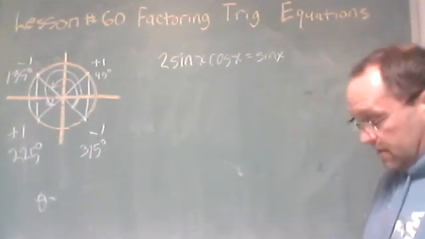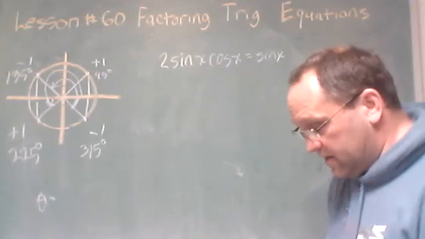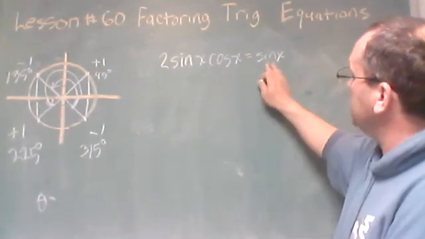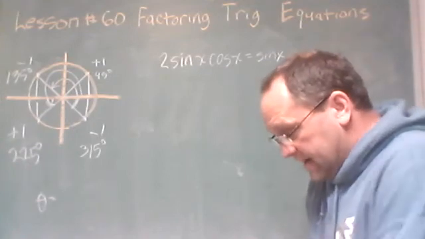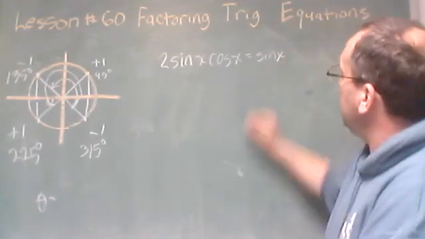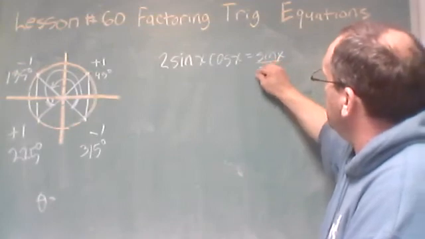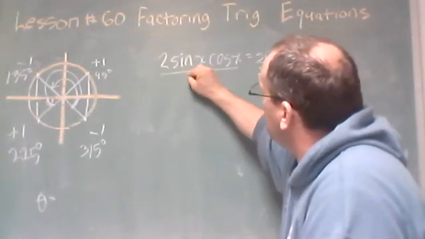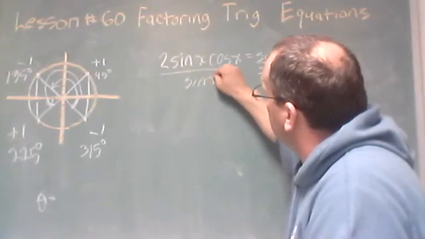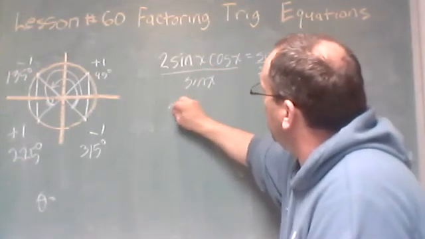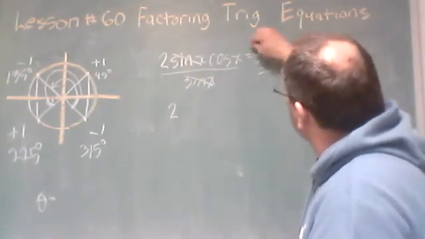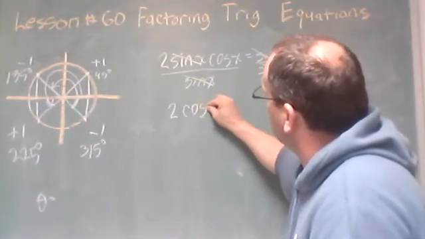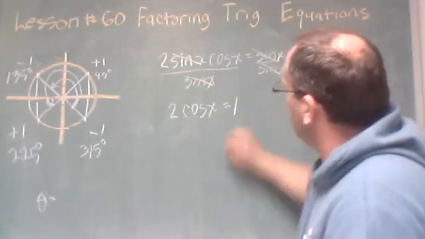They say, well, we can try doing this. We have a sine of x on either side. If we divide both sides by the sine of x, we would get a cancellation. We would get 2 cosine of x equals 1.